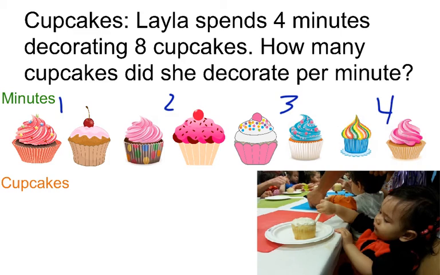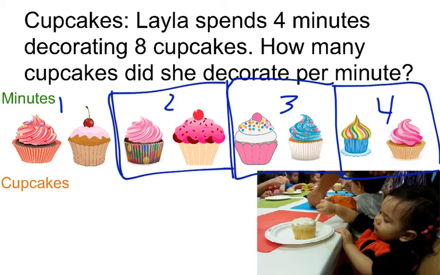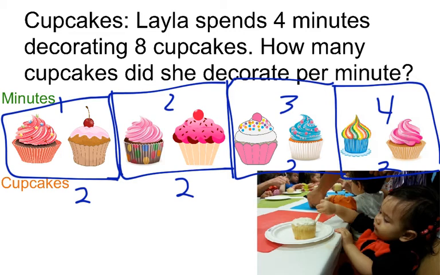So I can see that when I divide this evenly, 1, 2, 3, 4, I can see that Layla decorated 2 cupcakes per minute. So for every 1 minute, Layla decorated 2 cupcakes.